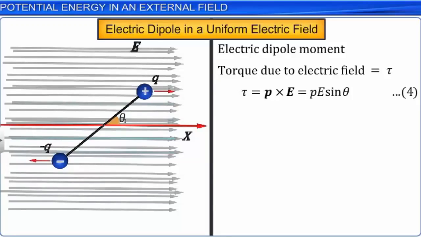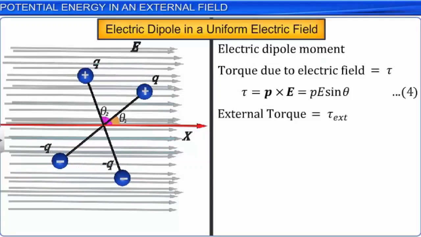Let us apply an external torque tau external, equal and opposite to the torque tau, which rotates the dipole from the angle θ1 to the angle θ2 with the field direction without giving the dipole any angular acceleration. That is, at an infinitesimally low angular speed.